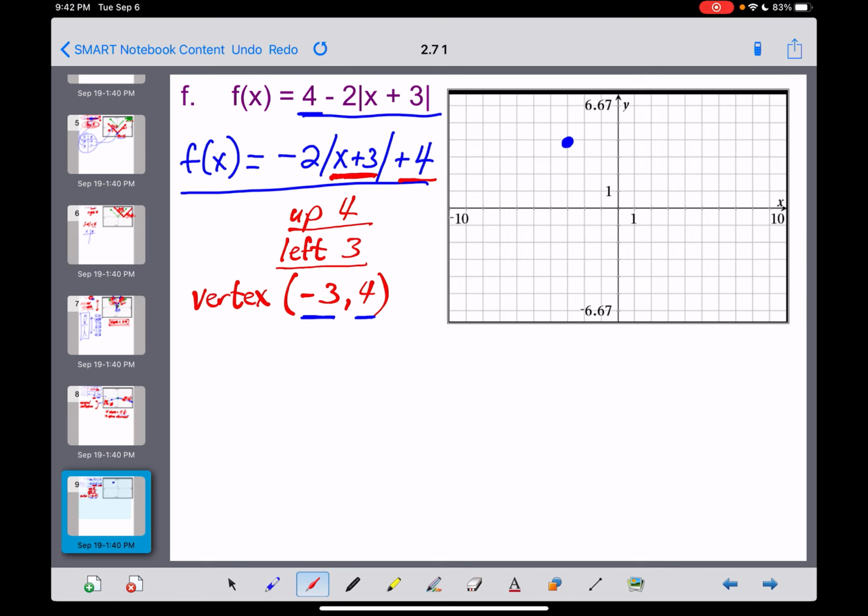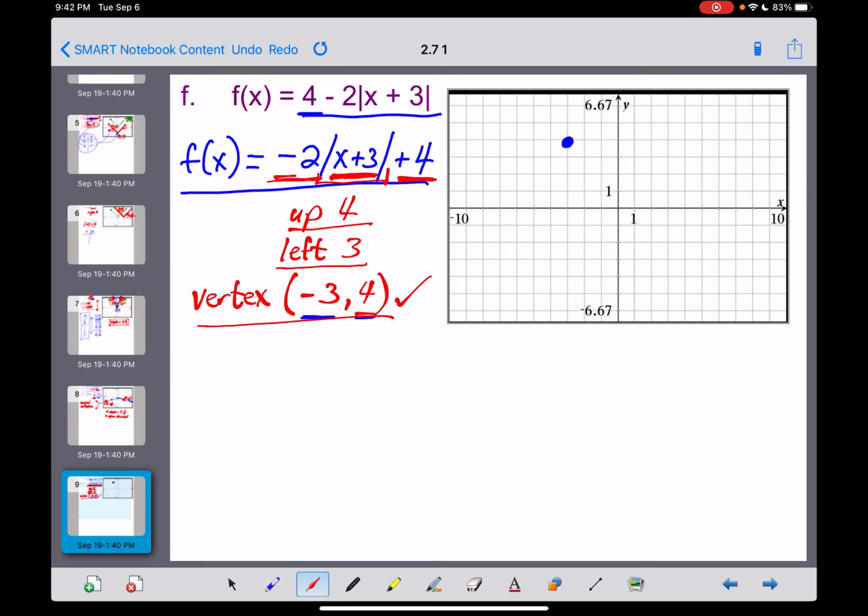That's a good sign. The absolute value of 0 is 0. 0 times -2 is 0, and 0 plus 4 is 4. So check, we got our vertex right. So the +4 at the end and the +3 in the absolute value are things that tell us where to locate the vertex.